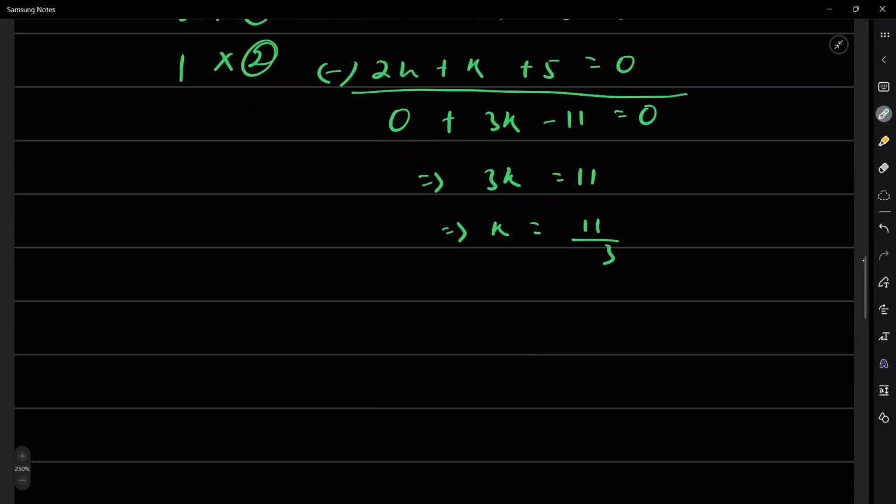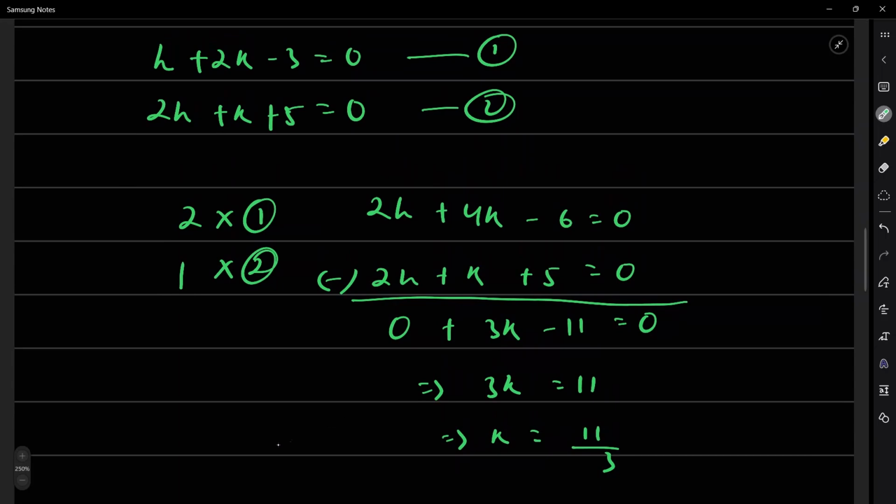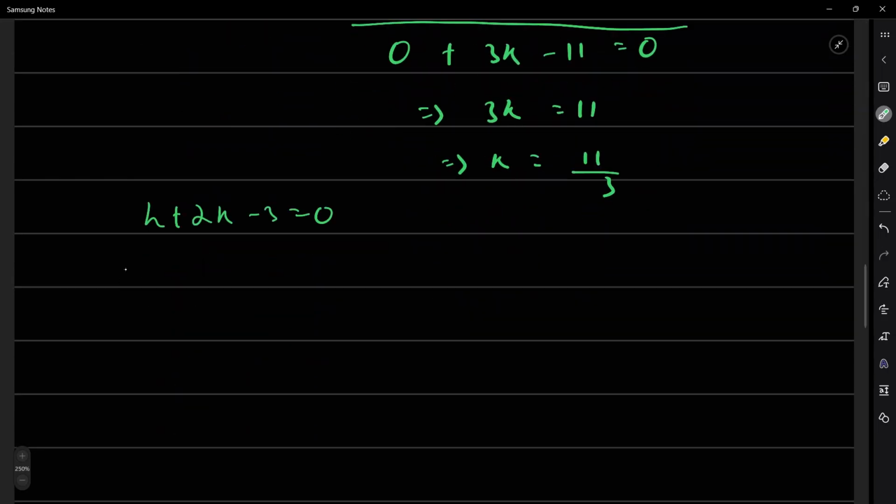If k becomes 11 by 3, h plus 2k minus 3 equals 0. So h plus 2 into 11 by 3 minus 3 equals 0.